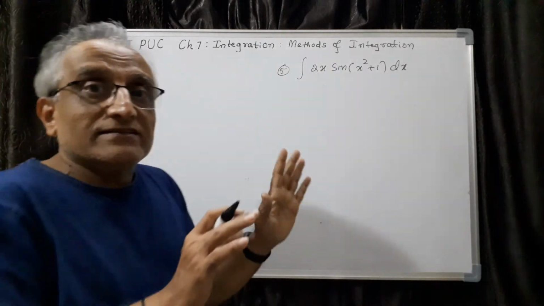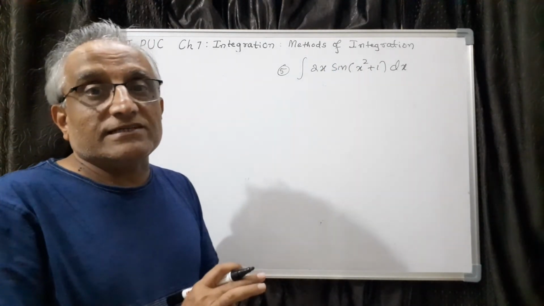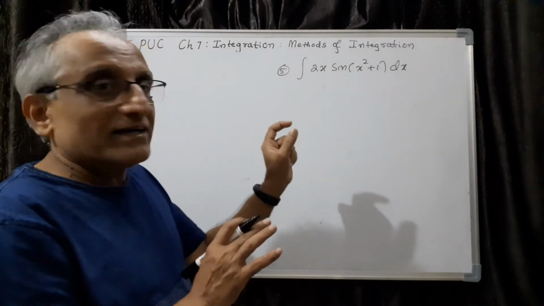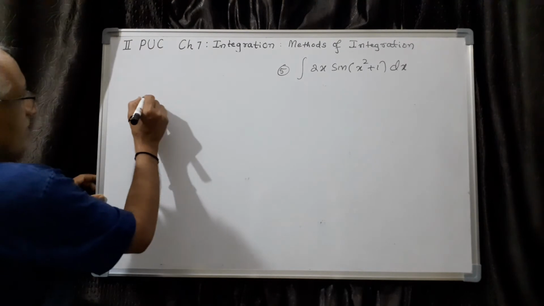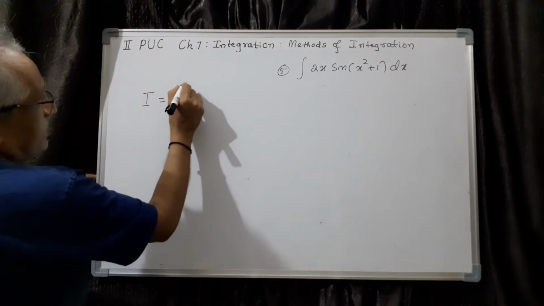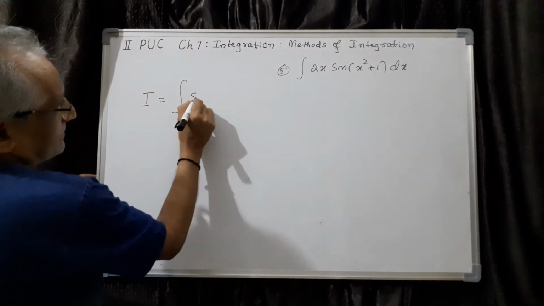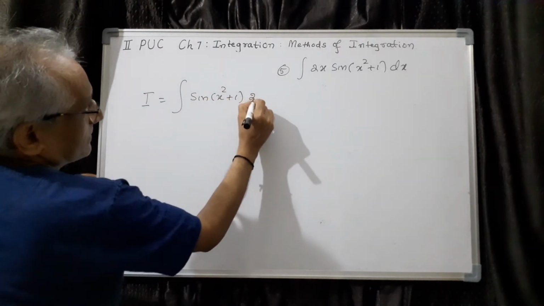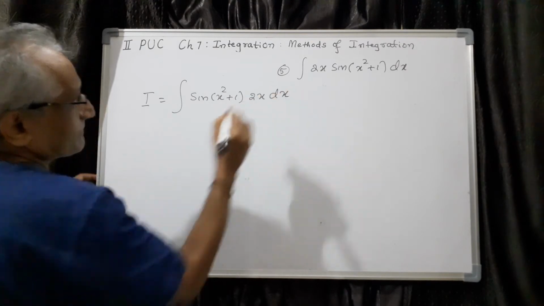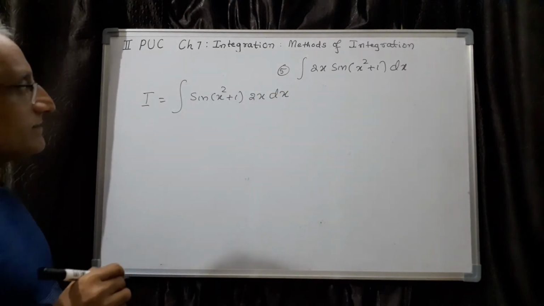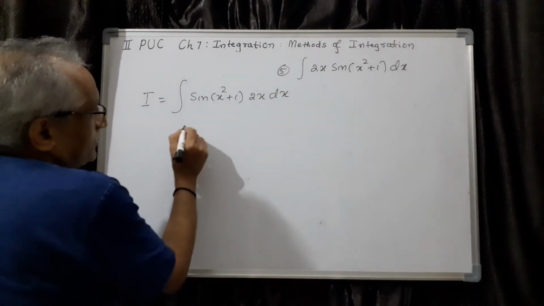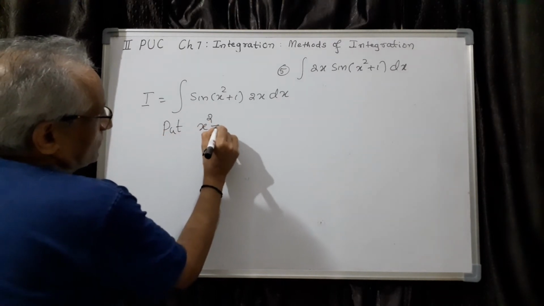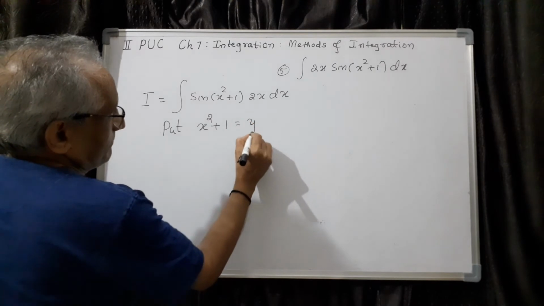Usually once substitution method problems are given, before starting the question, you should always think, what should be my substitution? So let me take I equal to integration of sine of x square plus 1, I will take first, then 2x dx. Now substitute, put x square plus 1 equal to y.